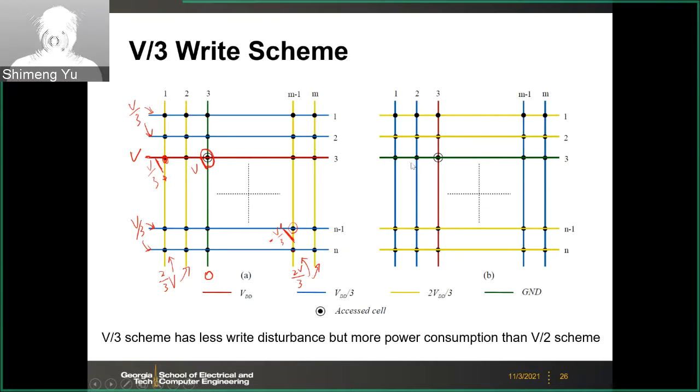And similarly, you can do the reset process by switching the polarity of the word and bit lines. So this is for the set, this is the reset.